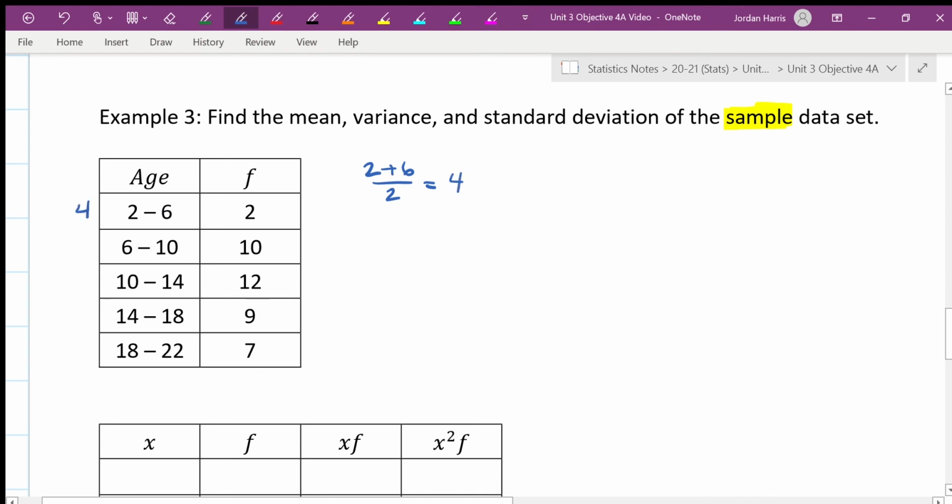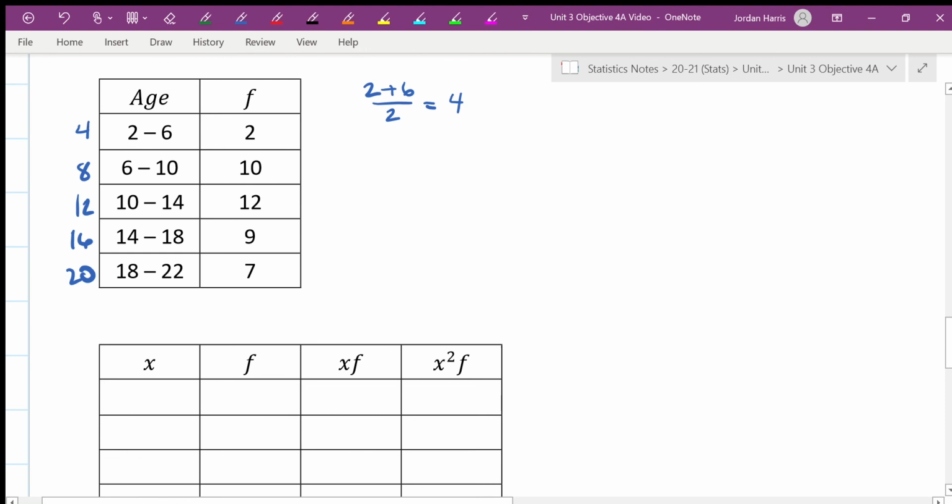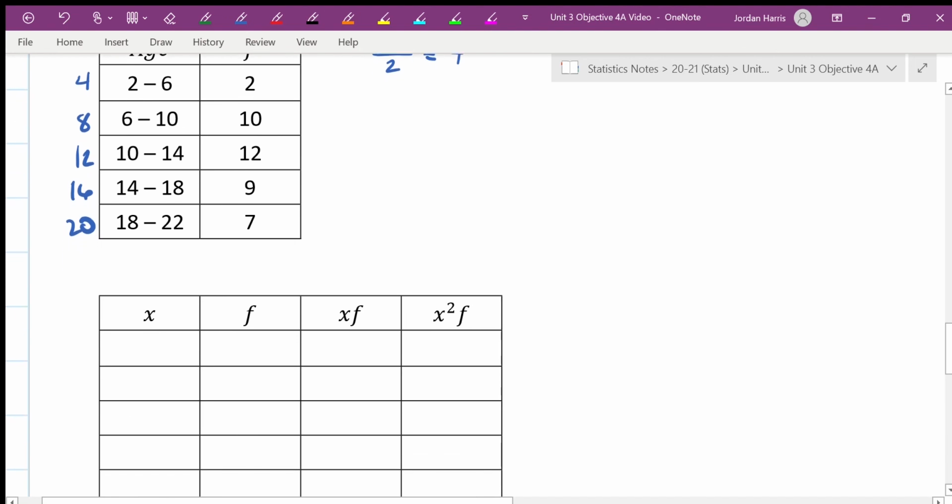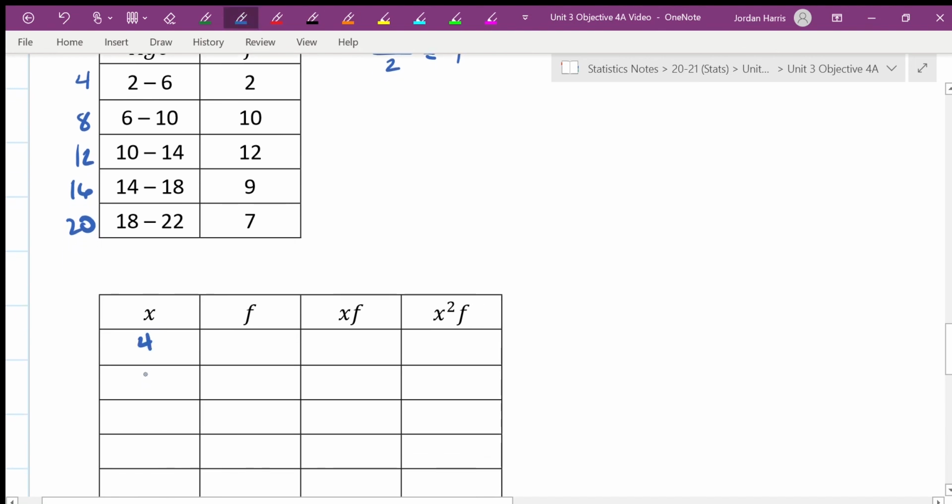Or you can see the pattern. If there's 4 numbers in between, I'm going to go 2 to find the middle. So either way, you can add them up and divide by 2, or you can just look at it and see the pattern and go right in the middle. It will be the same no matter what. So we have 4, 8, 12, 16, and 20.